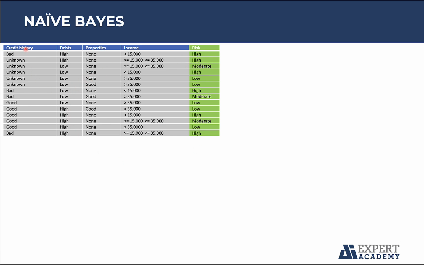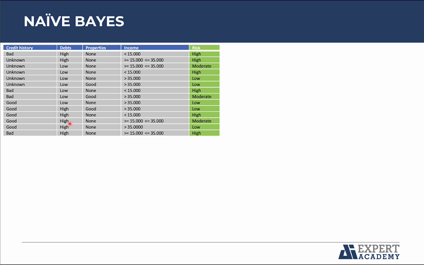This is the same we were discussing in the last lecture about the bank. There are some features for each one of the customers: the credit history, the debts, properties, and income. The goal is to predict the risk to give a loan to a customer.